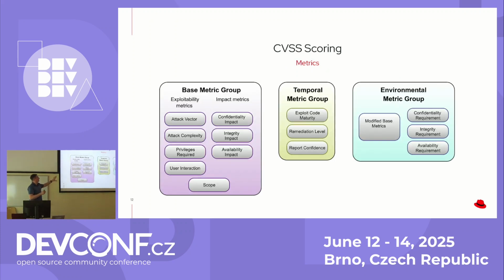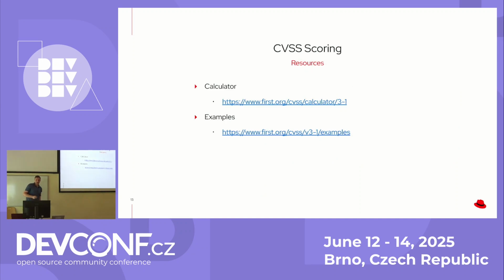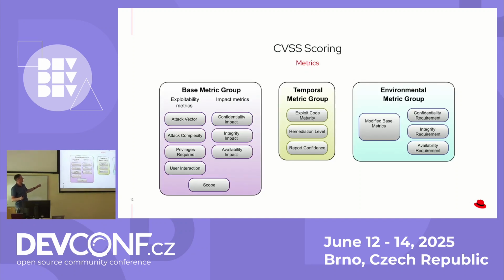Then the temporal metric group basically says, okay, we know that somebody is already exploiting this, and there are maybe demos and even code available for this. And then environmental is where somebody can modify these base metrics and add more things to it based on their own environment. We will see a little bit more details later on.